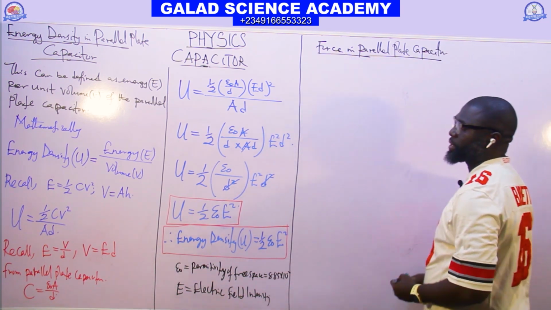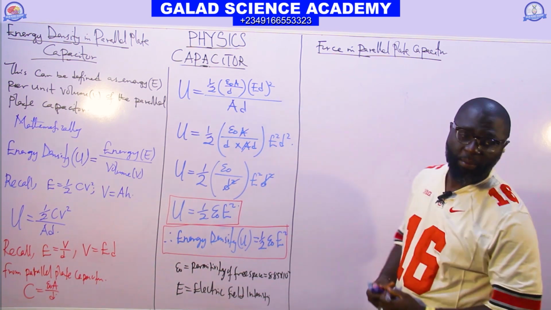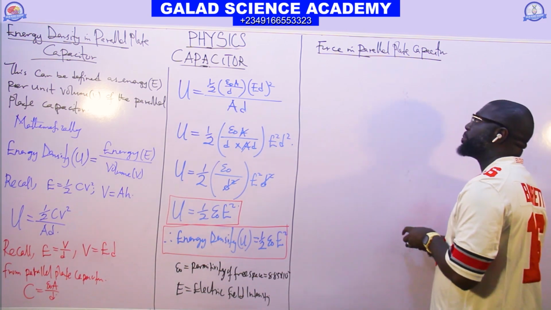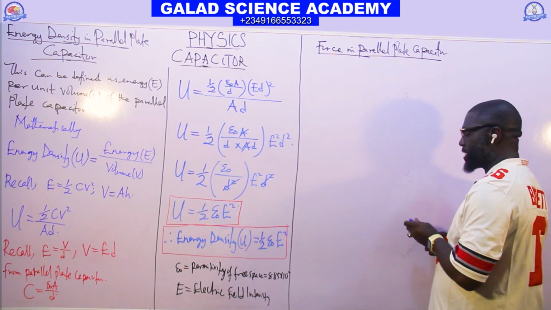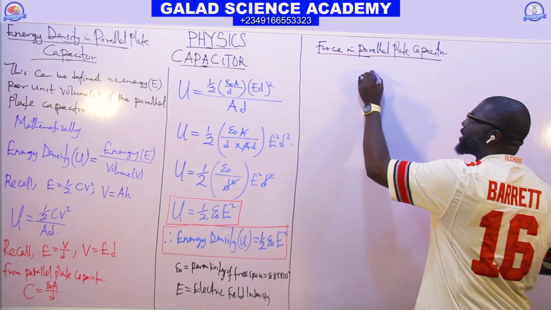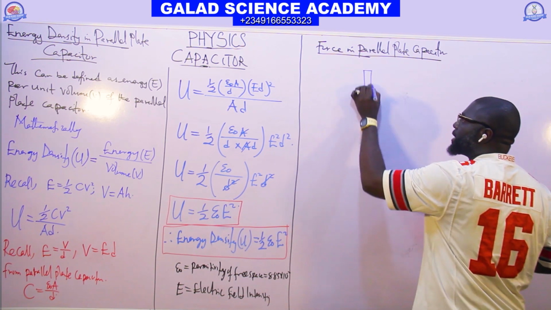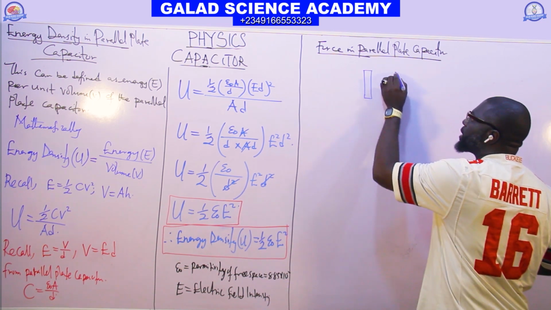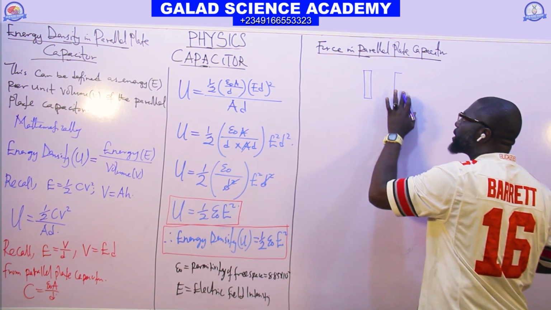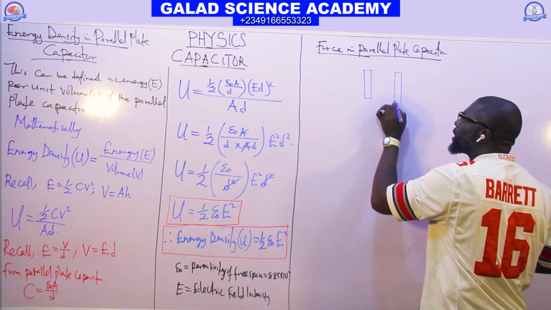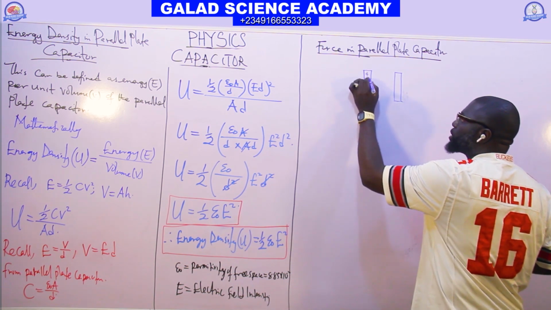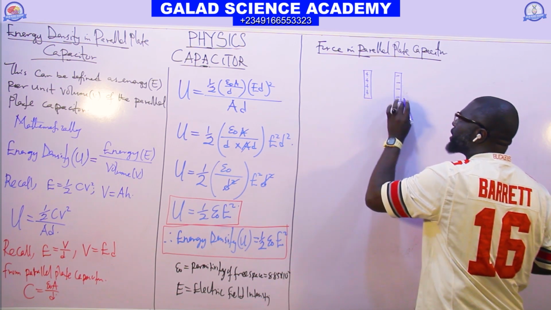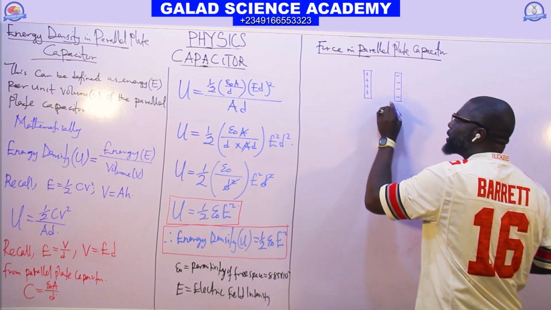So this is the last aspect. If you could still remember, in the parallel plate capacitor, we have a plate like this, and we have the second plate like this. I say we have positive charges on one plate and negative charges on the other.